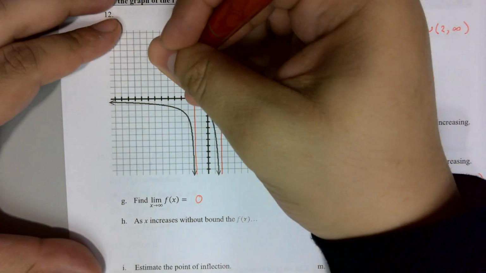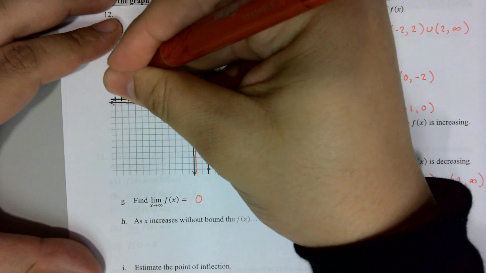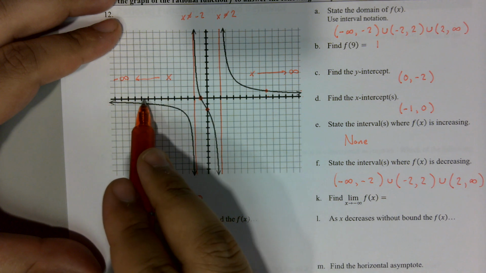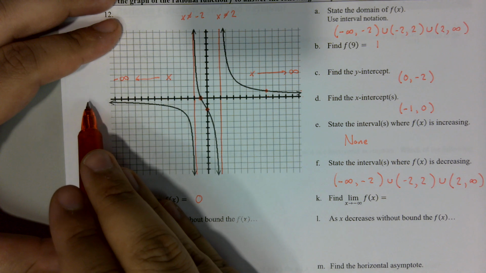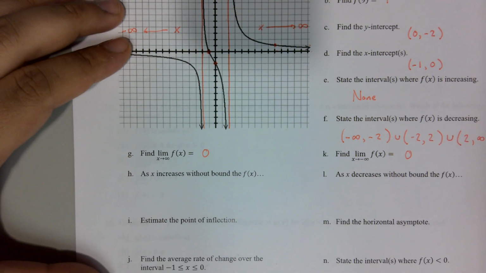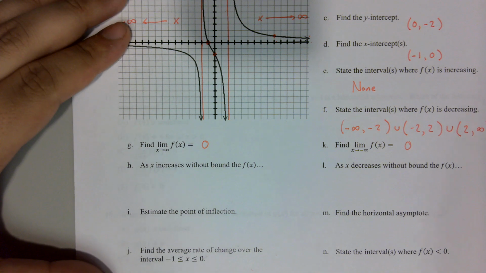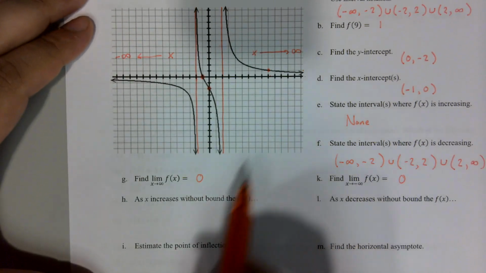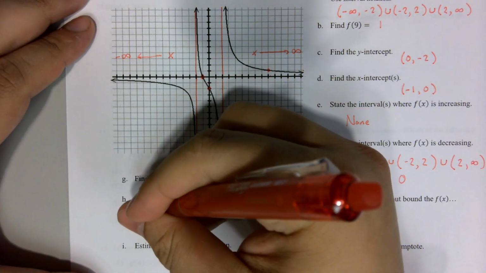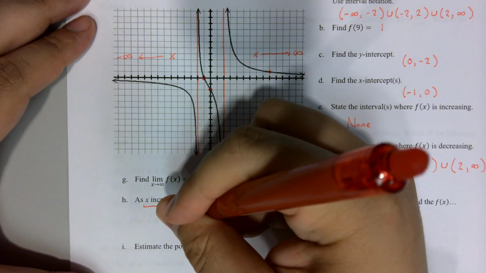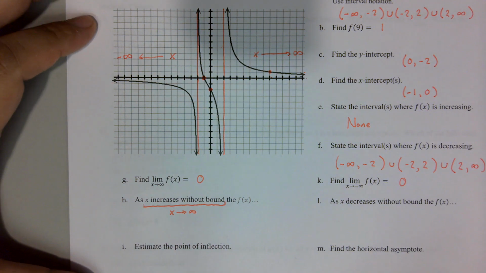And the same thing as x goes in the negative direction. As x goes towards negative infinity, our function, the y value, is approaching 0. So for part H, as x increases without bound, all of this means as x goes towards positive infinity.